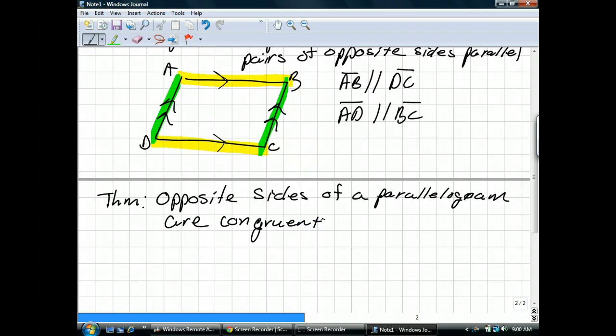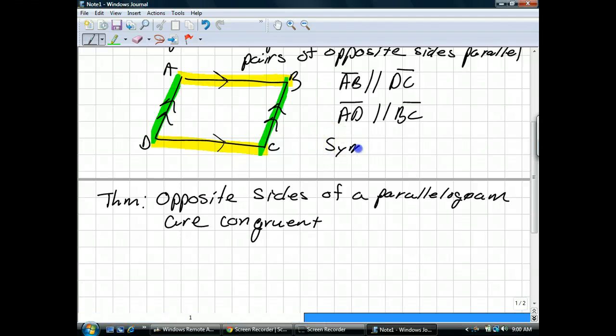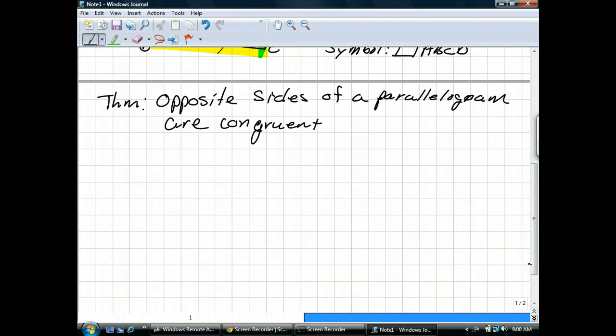I also forgot to tell you the symbol for parallelogram, so instead of writing out the word parallelogram because it's very long, we just draw a quadrilateral symbol. So we would say this is parallelogram ABCD. Okay, so again, our first theorem is the opposite sides of a parallelogram are congruent.